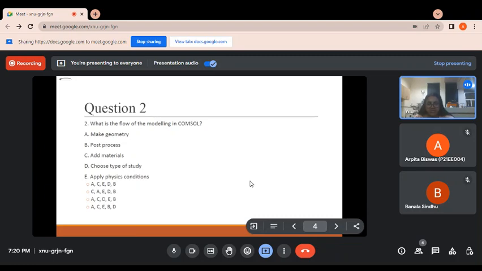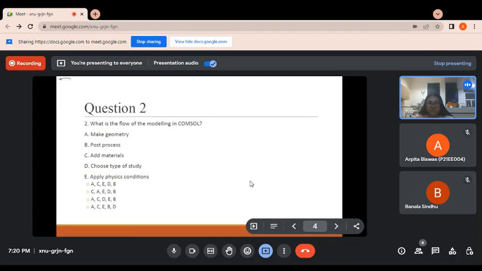And the second option is C, A, E, D, B. C means at first add the material, then make the geometry, then apply physics condition, then D choose type of study, and then B post process. The third option is A, C, D, E, B. First make the geometry, then add material, then choose the type of study, then E apply physics condition, then B post process.